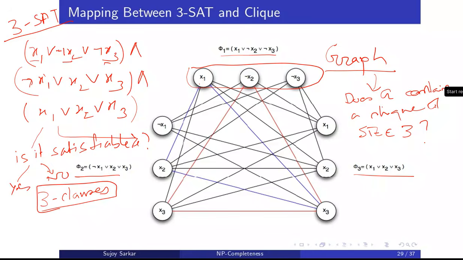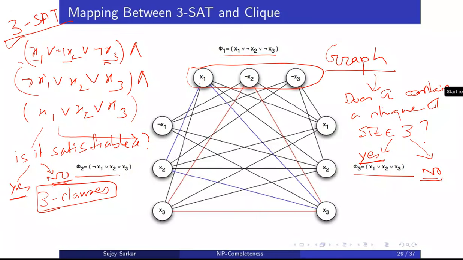If the graph contains a clique of size 3, then the answer for the previous problem is also yes, this formula is satisfiable. And if there is no clique of size 3, then this answer will also be no, the formula is not satisfiable.